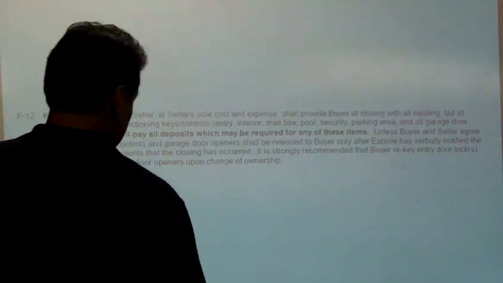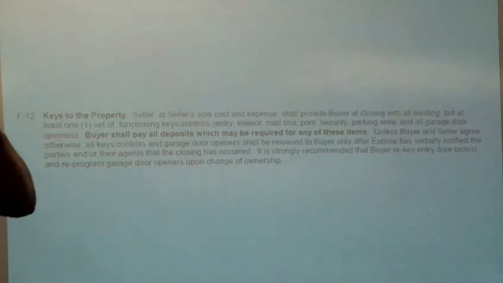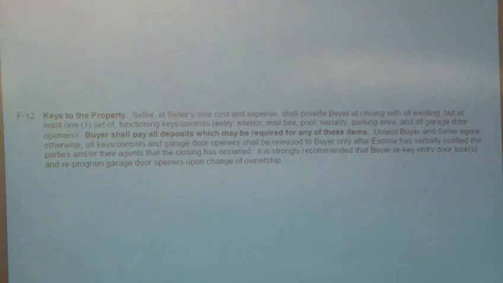Can the seller charge the buyer for the extra sets of keys they have instead of the buyer getting them from the homeowner association? Can the seller charge the buyer for the second set of keys? No, you just tell them to get their own set of keys. Why would they charge them for it if they don't have it? The buyer ultimately will get another set of keys and pay for it, not from the seller.